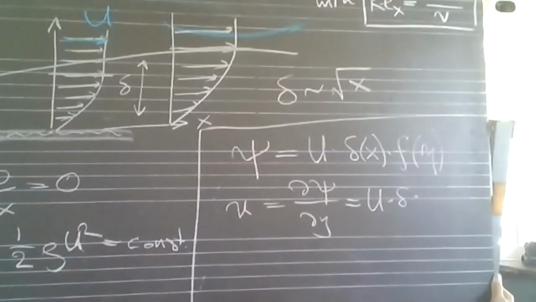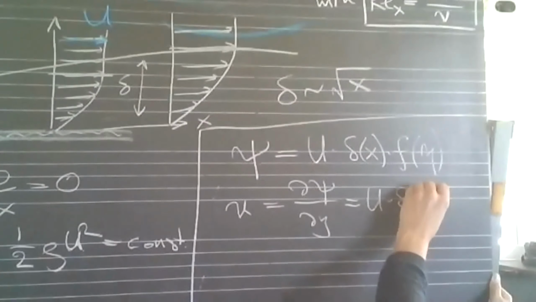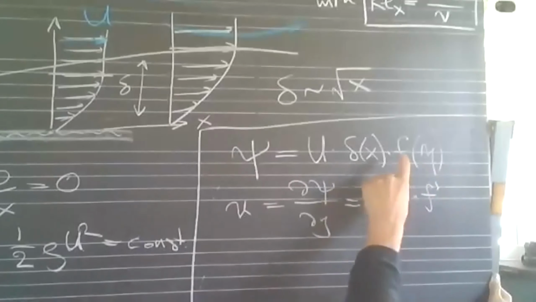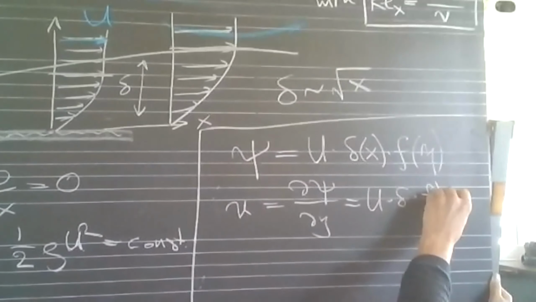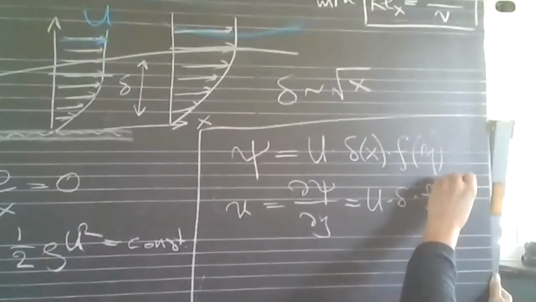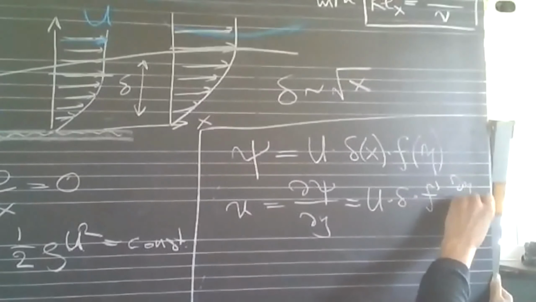Now, the derivative of f with respect to y, again, we have to use the chain rule, so it's f prime, the derivative with respect to its argument, times d eta dy.